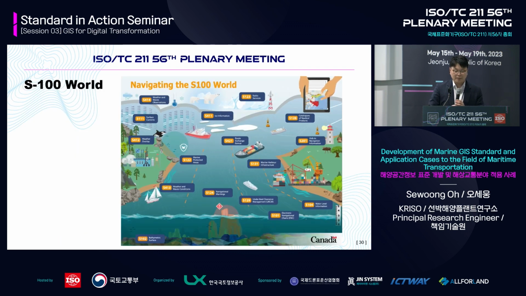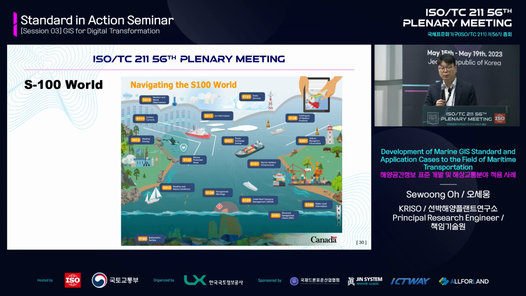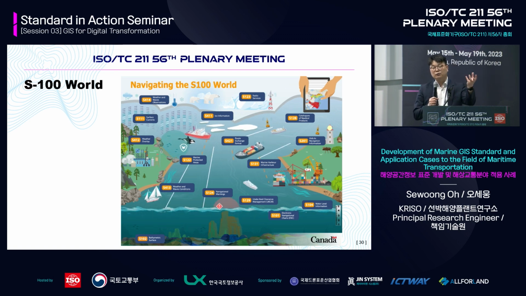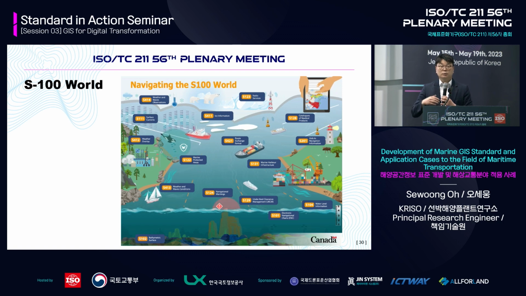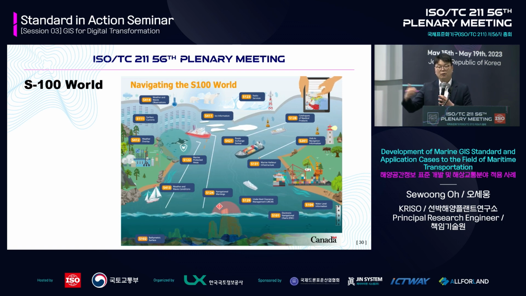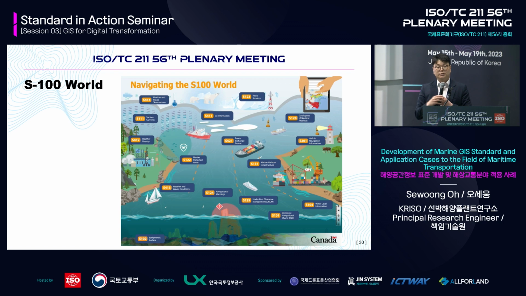So digital twins are becoming bigger in oceans as well. And profiling, ISO 19000, 19100 package series. The S-100 standard category has become more advanced, so I believe there's more room for exchange as well.